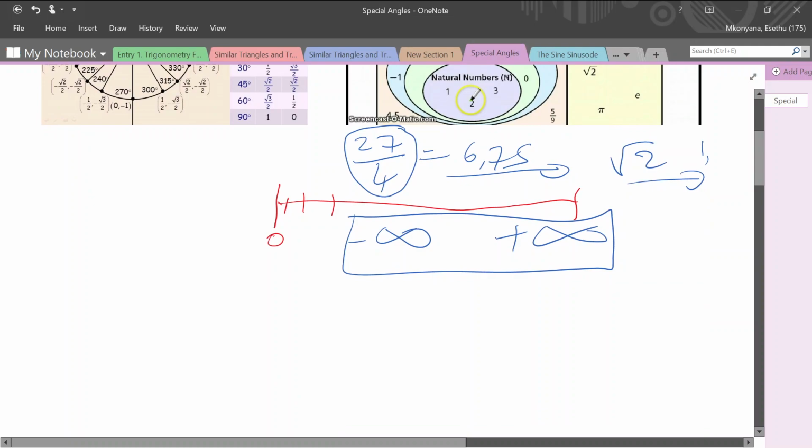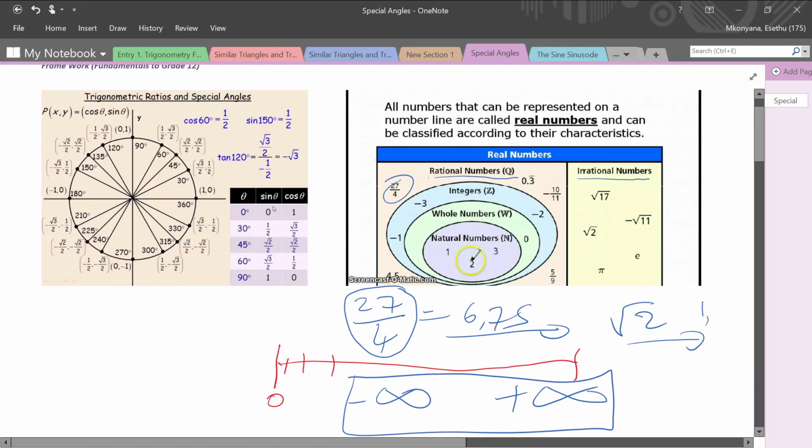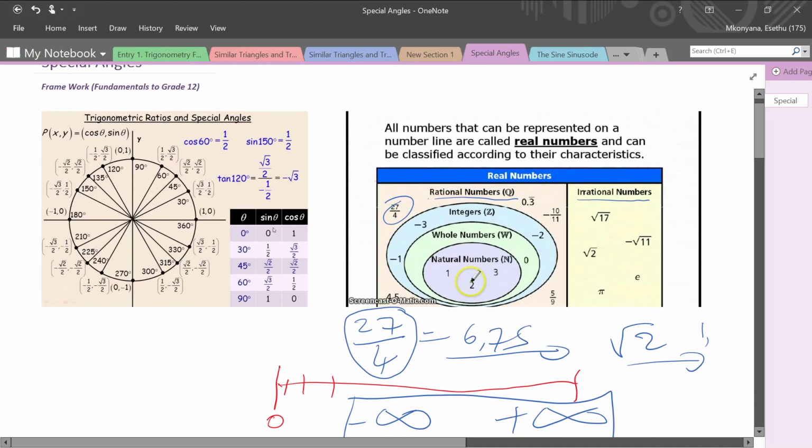Now that you get what numbers are, we are going to define special angles. I've also posted this nice little diagram here that we're going to be using as we move along with trigonometry. This is going to become very fundamental and very important to our discussions.